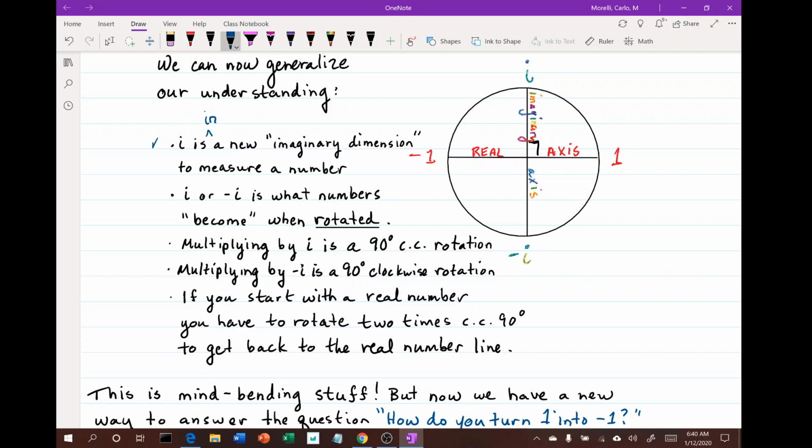It is perpendicular to the real number axis. So i, or negative i, is what numbers become when they are rotated. Multiplying by i is a 90-degree counterclockwise rotation. Multiplying by negative i is a 90 degrees clockwise rotation.